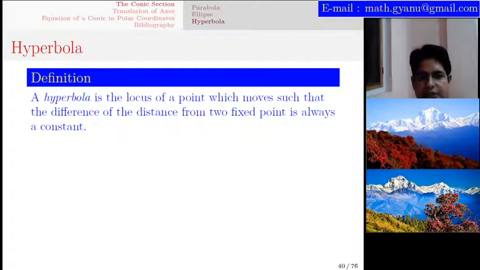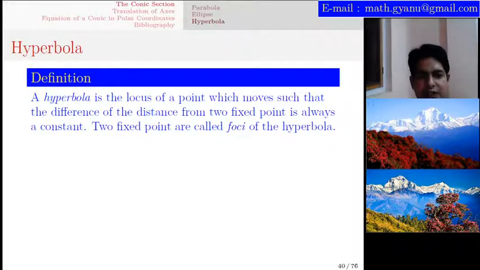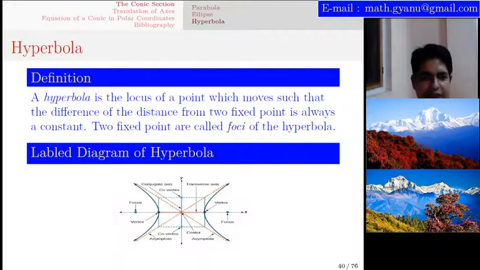A hyperbola is the locus of a point which moves such that the difference of the distances from two fixed points is always a constant. The two fixed points are called the foci of the hyperbola. Labeled diagram of hyperbola. I suggest you pause the video and observe this picture carefully. You will see the different components of hyperbola.